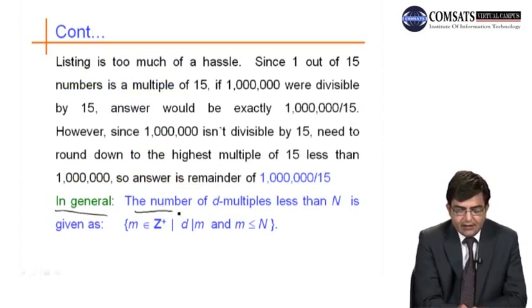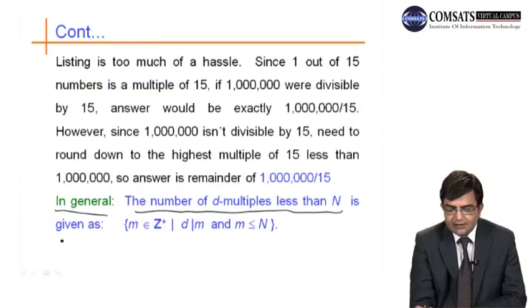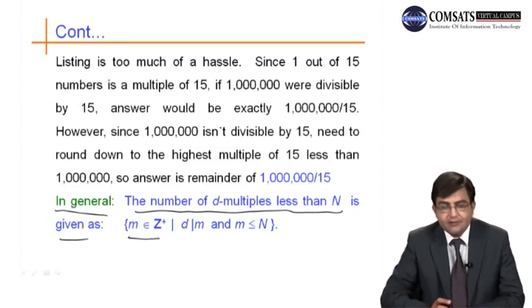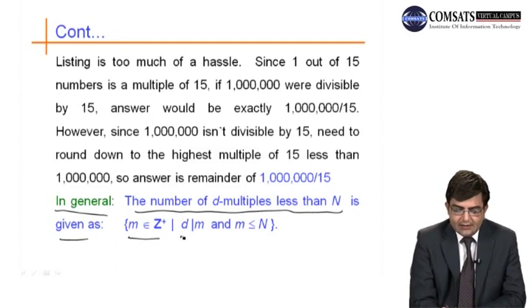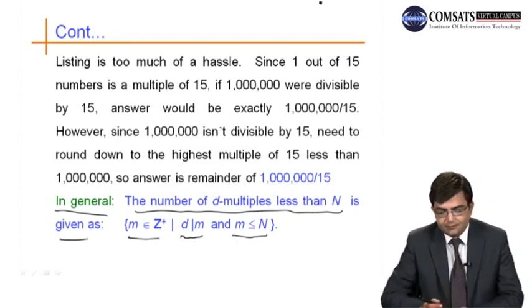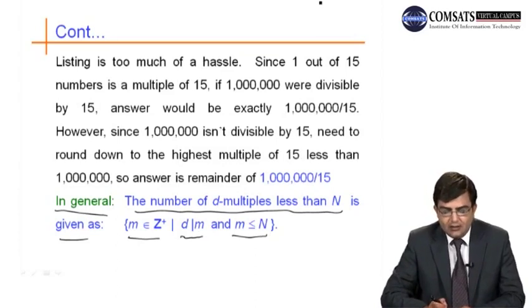So in number theory, how we write it, in general the number of d multiples less than n is given as this. There is a number m belonging to Z plus, the set of positive integers, such that d divides m and m is less than n. So this is how we can find the multiples of some number which are less than some other number.